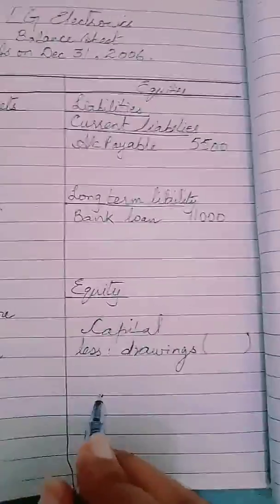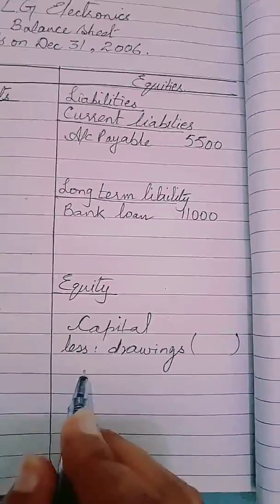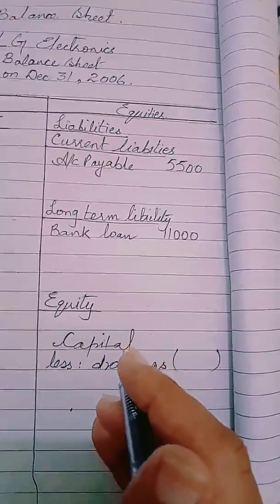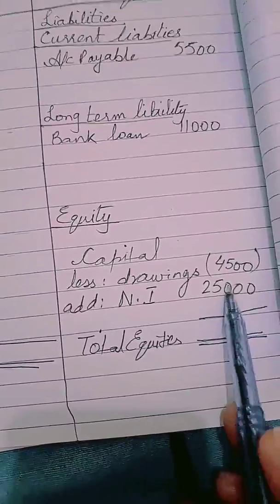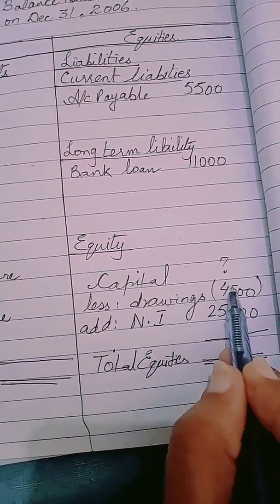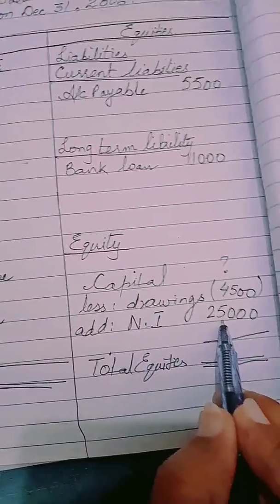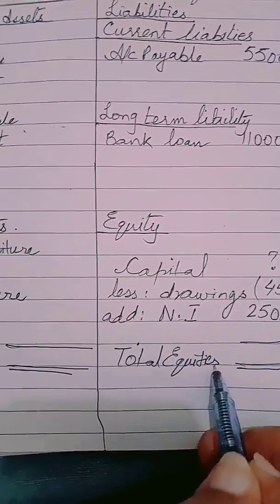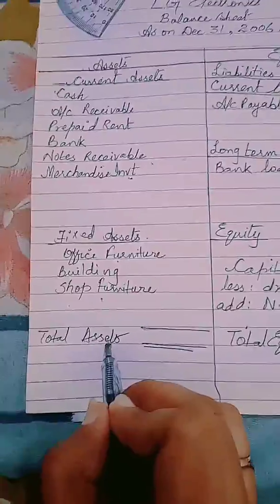Then in the equity section, as you know, I put the heading capital is unknown, I put question mark over here. Drawing is 4,500, net income is 25,000, and you don't know the total equities and your total assets. Is this clear?